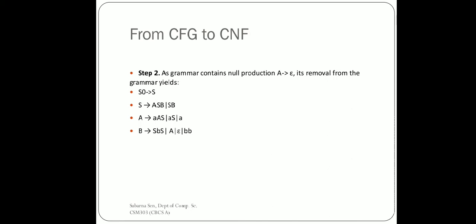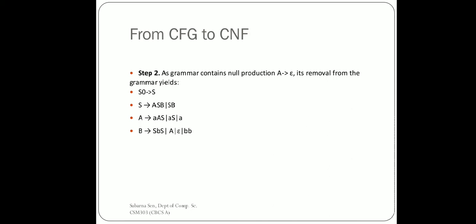Fine. So if you see this one, this capital A previously used to derive small a, capital S, small a, and epsilon, right? So since we are removing epsilon from here, what we have to do, see the production where capital A is present. I am considering capital A only.